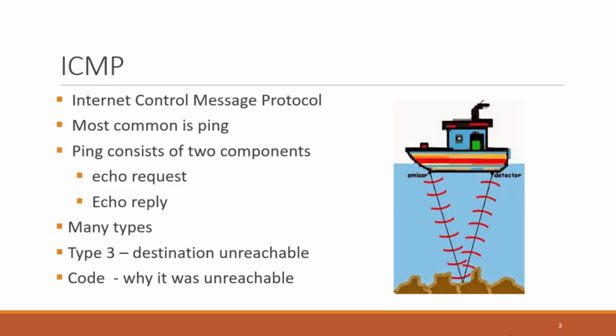This code will tell us why it's unreachable. One of the most common ones that we will encounter is type 3 destination unreachable code 3. This means the reason it's unreachable is the port is unreachable. We also have type 3 code 13. Code 13 means the packet is administratively prohibited. As you can see, these types, and especially the code types, can assist us in troubleshooting our network.